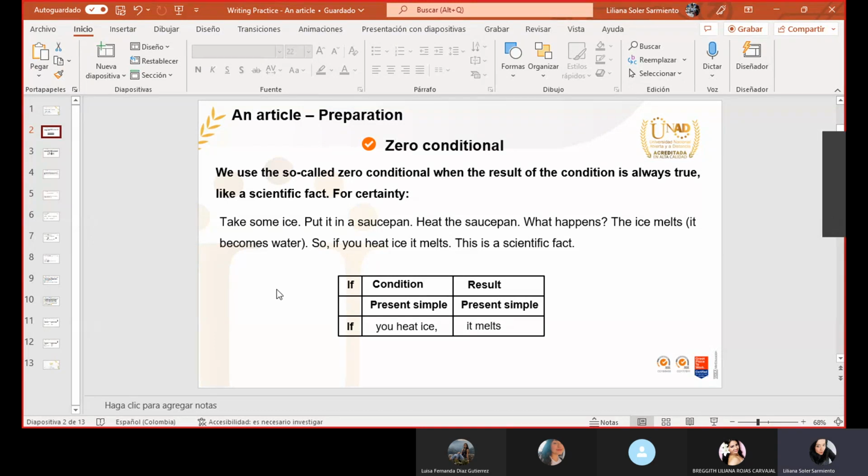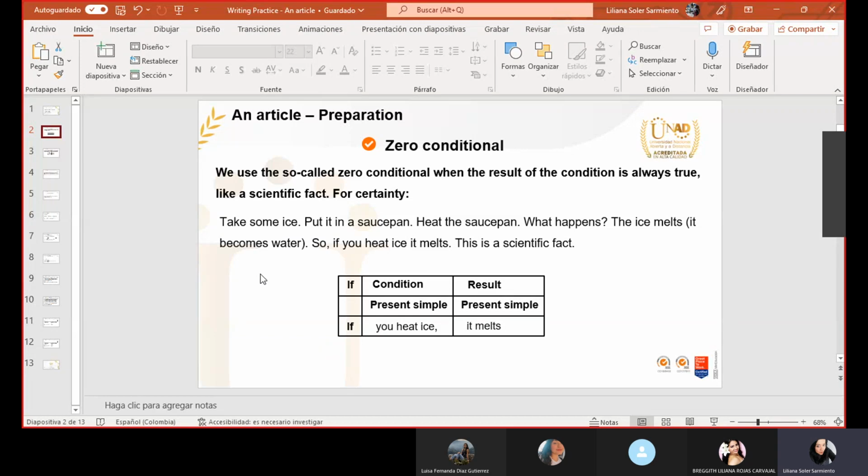We use the zero conditional when the result of the conditional is always true. And for example, the sentence has these three elements, the condition and the result.